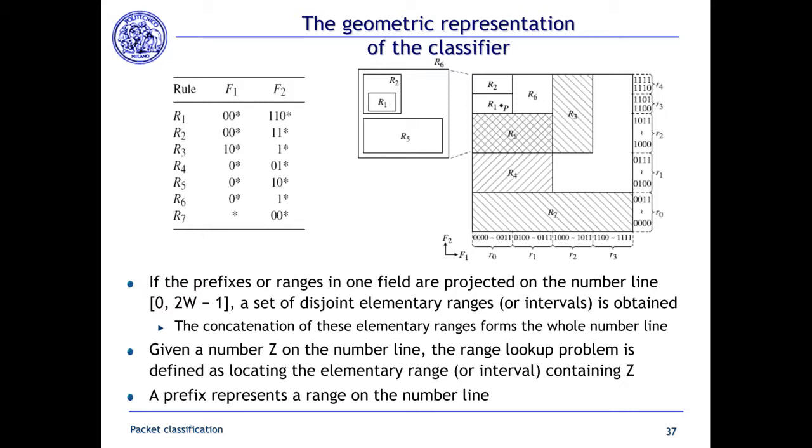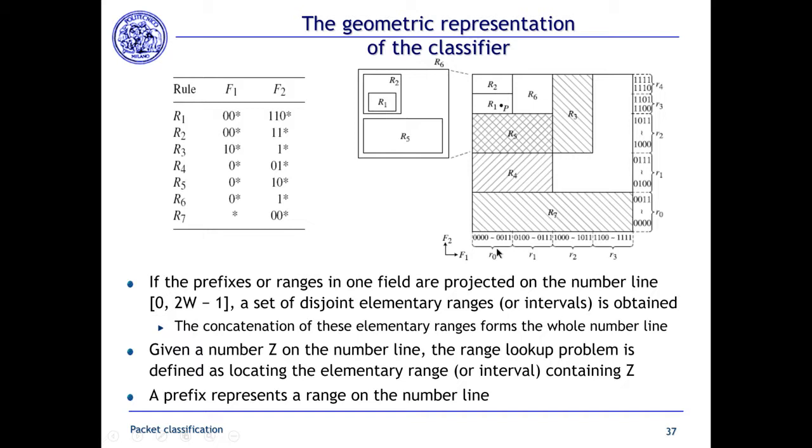So once you have received the packet and you do the classification, all you have to do is find out the pair of intervals in which this point falls. For example, if you receive this packet corresponding to this point P, it will be in R3 and R0.